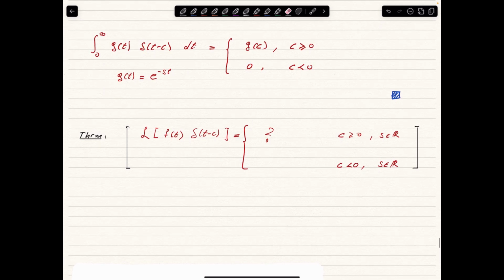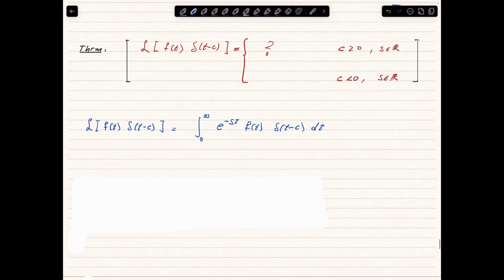For example, this one here. What is the Laplace transform of any function times a Dirac delta? What is that equal to? Well, let's write it down. What we are actually doing when we compute the Laplace transform of a function f of t times the Dirac delta t minus c, well, this is the integral from 0 to infinity of exponential negative st, the function f of t, then the Dirac delta t minus c dt.